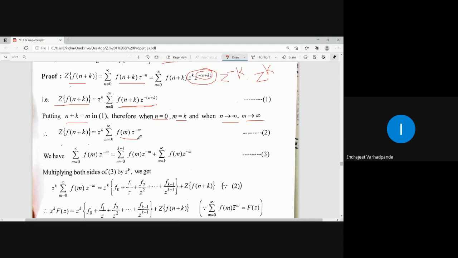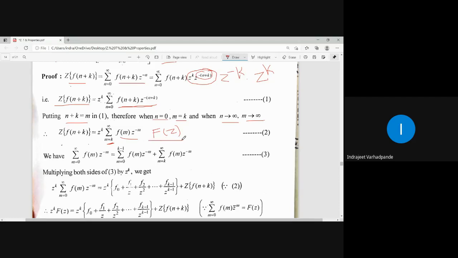But our Z transform should start from m equal to 0, whereas here I see m starting from k. So somewhere I will have to define the 0 to k minus 1 terms, because summation means the addition of all the terms. So k plus 1, k plus 2 up to infinity terms are taken into consideration.